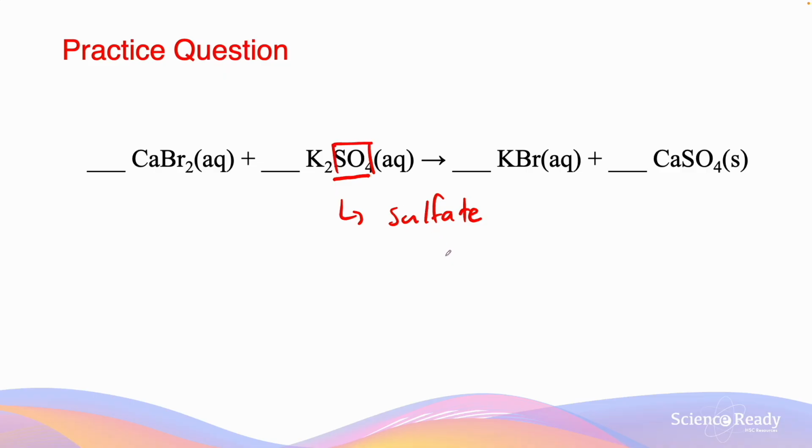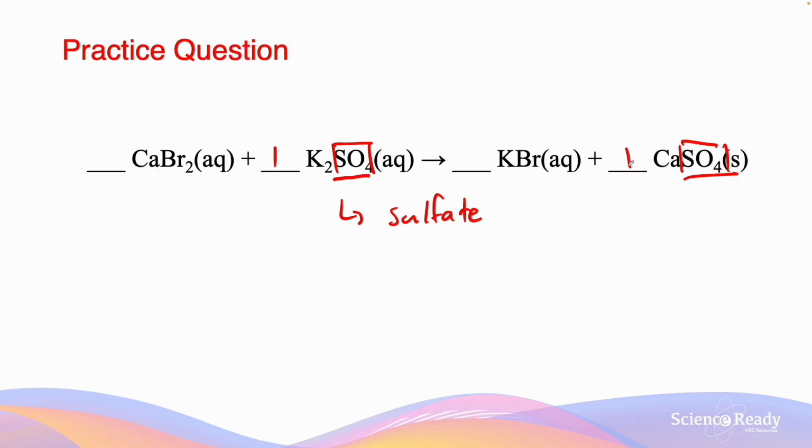In this ion exchange reaction, we should expect the SO4 to exist as SO4 on the product side. And that is actually what we also see in the form of calcium sulfate. We can see that the sulfate is exclusive to the potassium sulfate on the reactant side and the calcium sulfate on the product side. Since there is only one sulfate ion in both of these species, we know that they must have a ratio of 1 to 1.